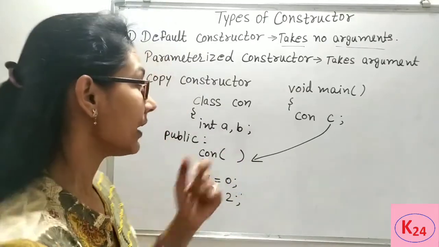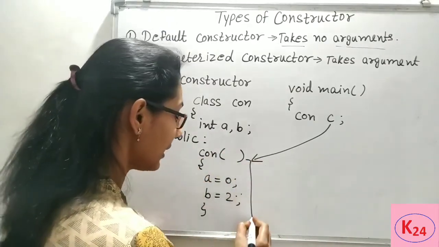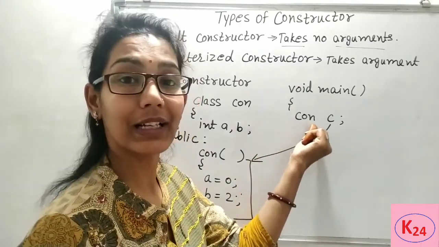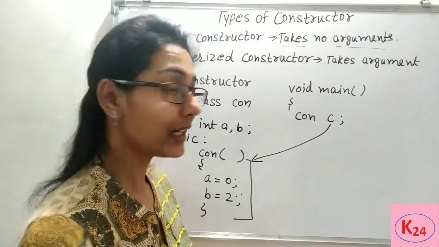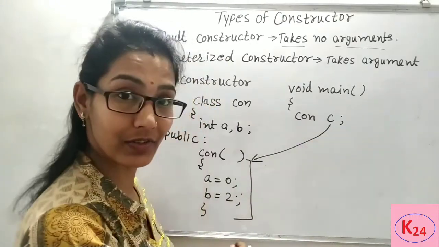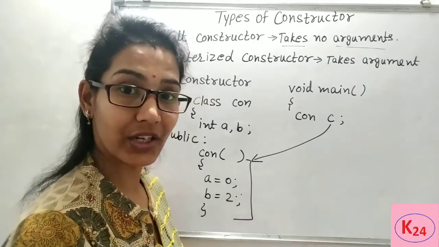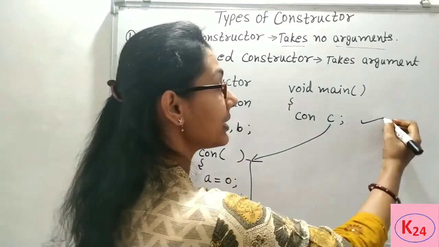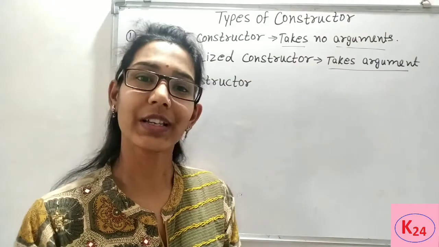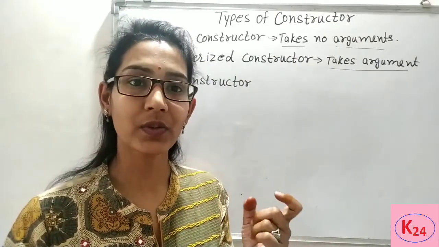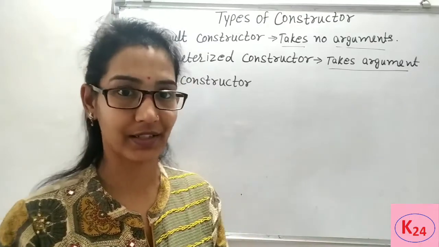Remember that when we do not define any default constructor, then the compiler will automatically generate the default constructor, without providing any initial values when the object is created. So default constructor is used to assign initial values to all the objects.